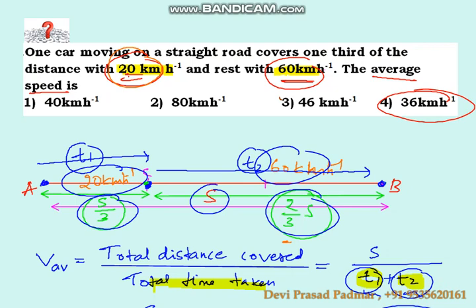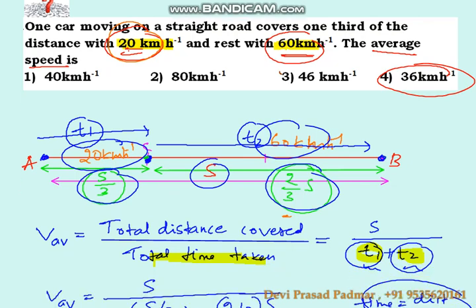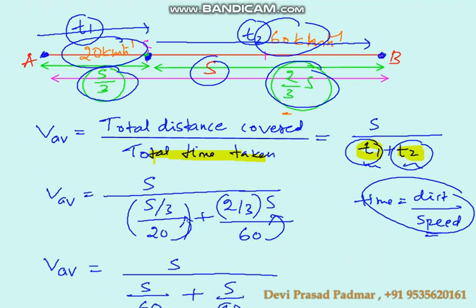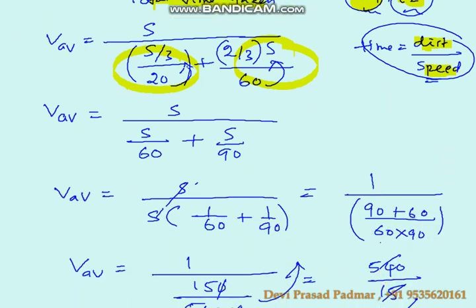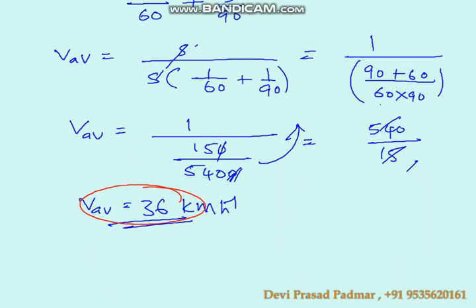You must know how to rearrange that: time equals distance by speed. So here we are using that concept. T1 can be written as distance by speed. Then just simplification, and you can cancel here. Simple calculation, and finally we get the average speed, which is equal to 36 km per hour.